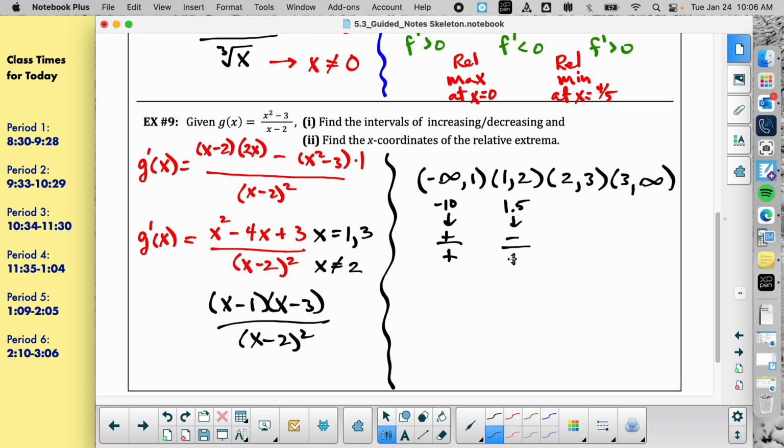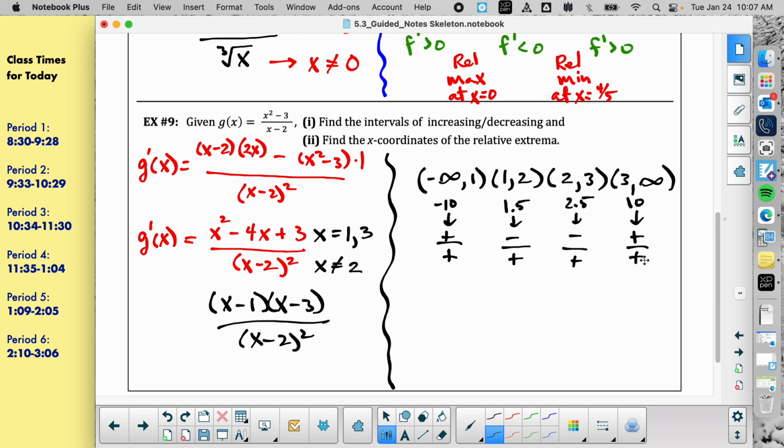The bottom is always going to be positive. 2.5 will give me the exact same thing. And then 10 will give me positive, positive.